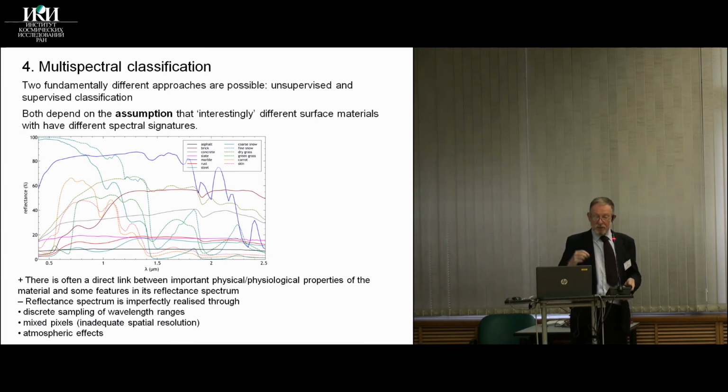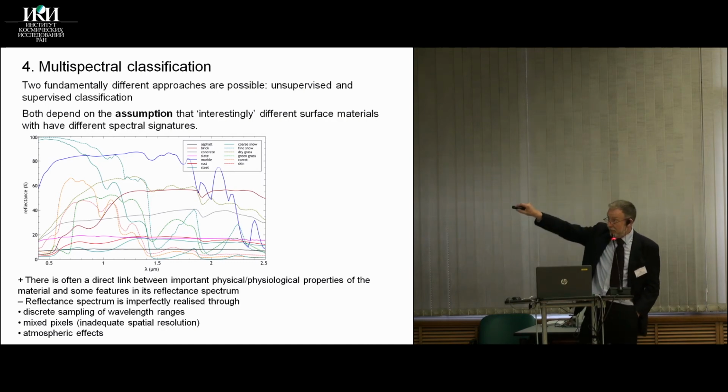It depends on the assumption that what we can call interestingly different surface materials, so surface variations of interest to our research, will have different spectral signatures. And that was kind of implied by a graph like this one that I showed before. So again, we've got the range of wavelengths from blue, green, red into the infrared.